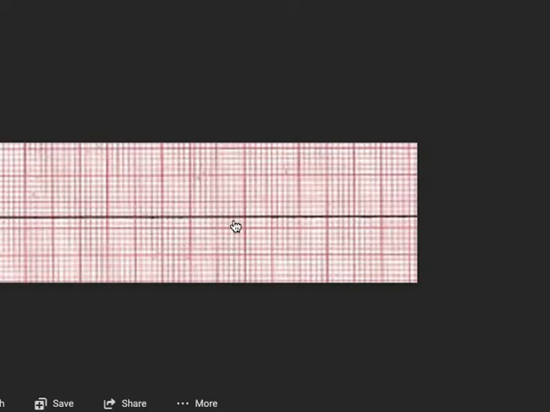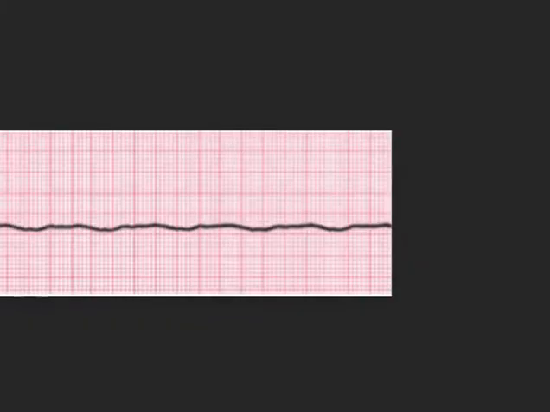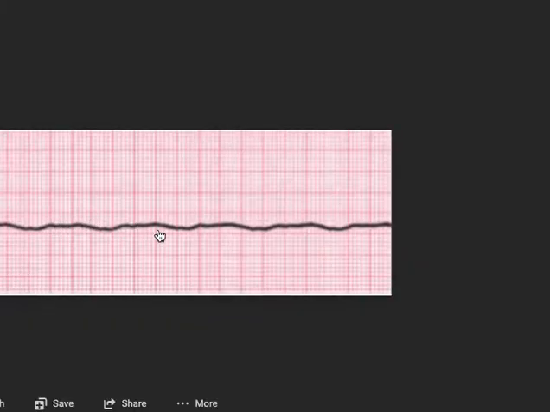By the way, it's not always perfectly straight; it could have little variations in the line. So this is asystole, and that is PEA, or pulseless electrical activity.